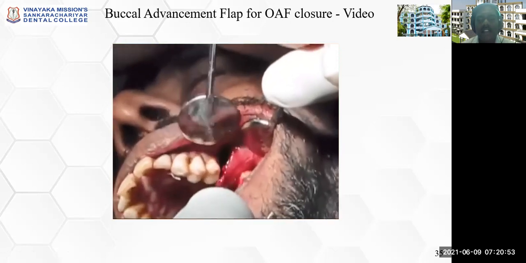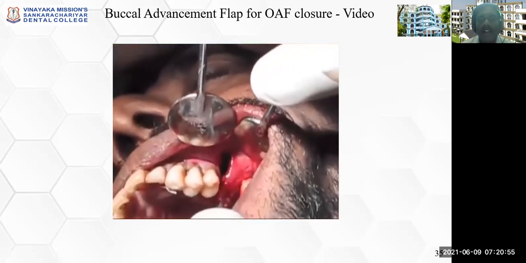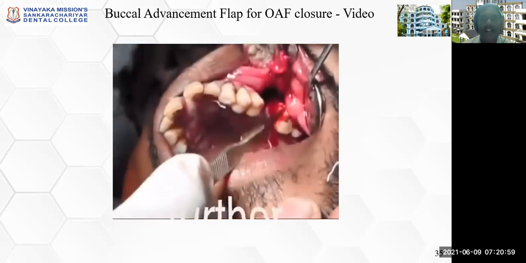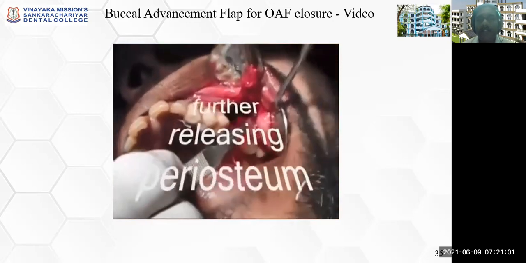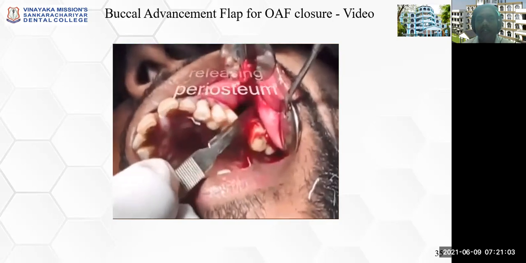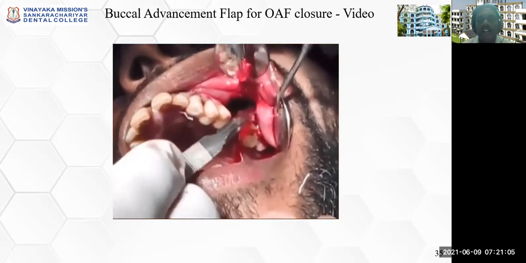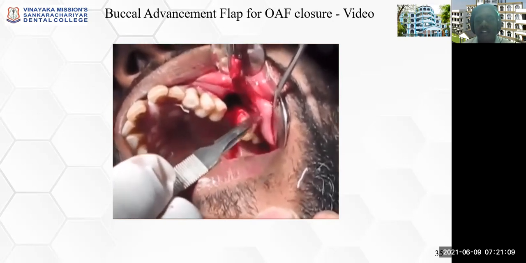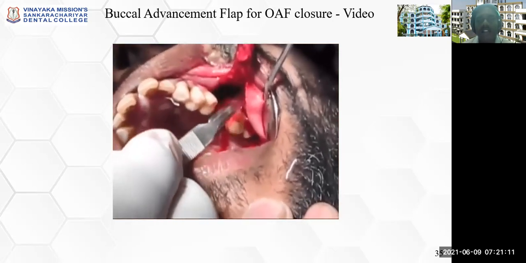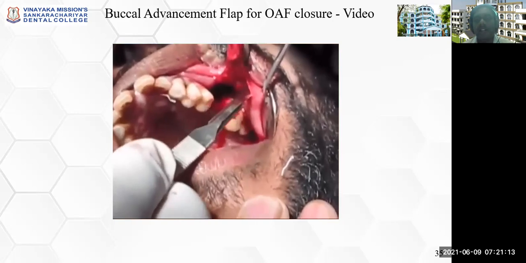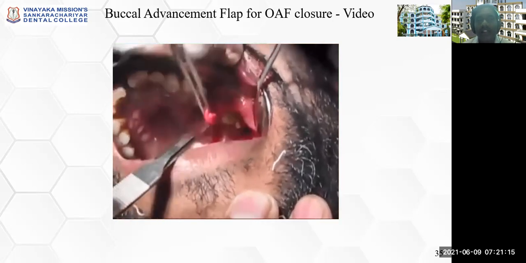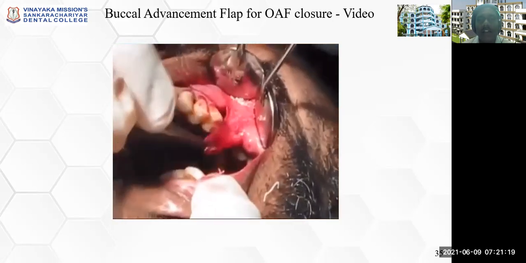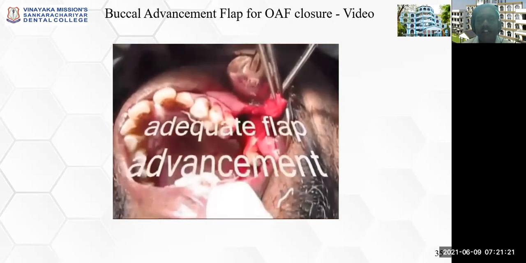You have to check whether the buccal advancement is enough to cover the entire fistula region. If it is not enough, you have to further release the periosteum so that you can have enough advancement to facilitate the complete closure of the fistula. You can see that. See, now you are having enough advancement. Adequate flap is there.